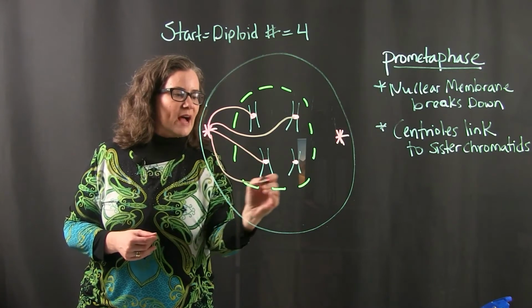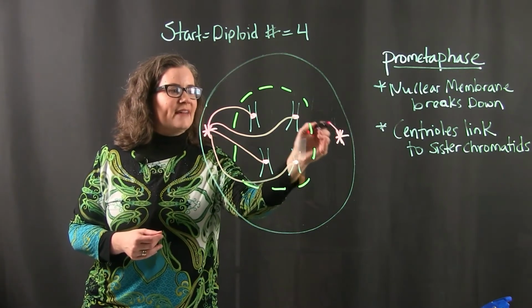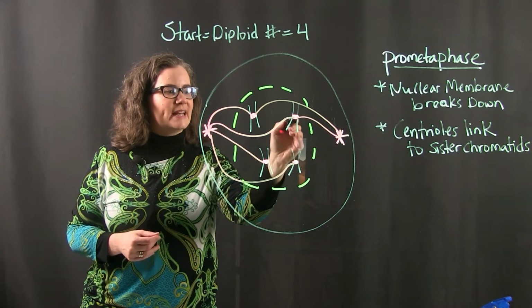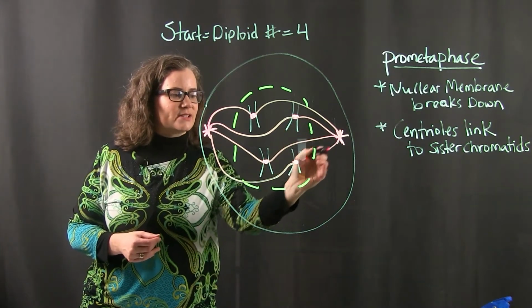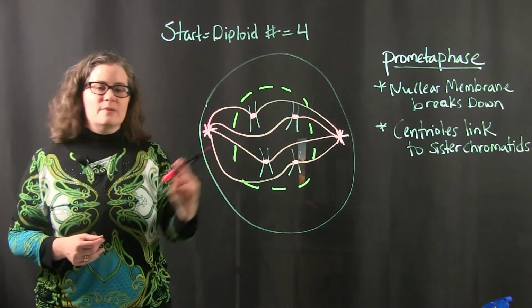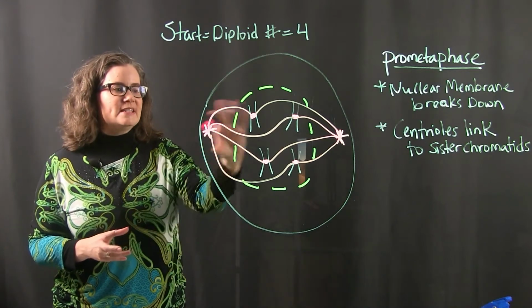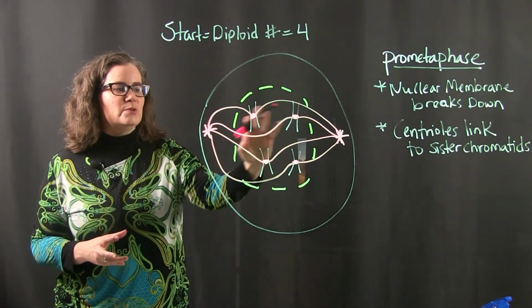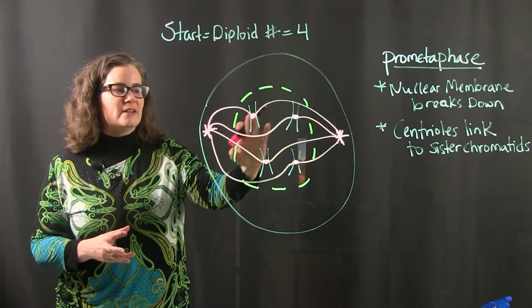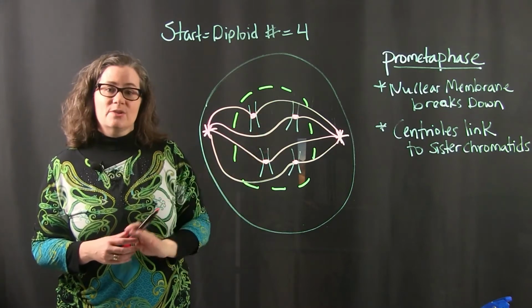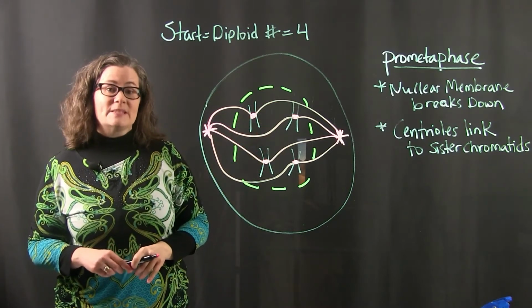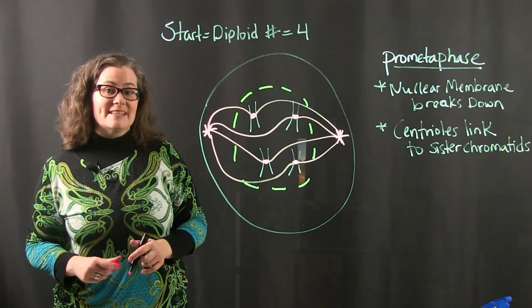One tube is going to grow out and connect to one side, and then the other side will also connect to each of these sisters. This sets up what we call the mitotic spindle. This spindle then can move these chromosomes back and forth until they're in position so that we can divide these chromosomes equally. So that's what happens in prometaphase.